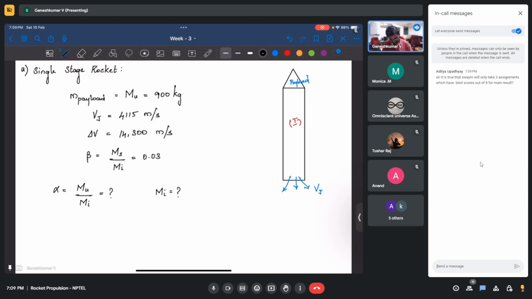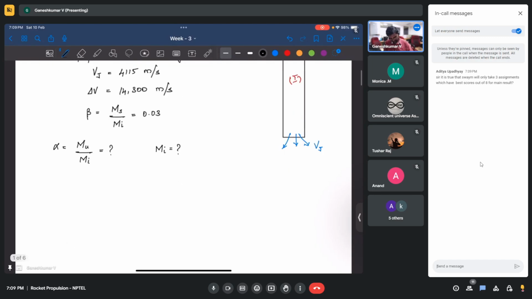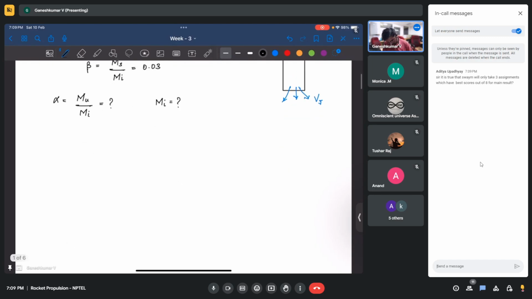Okay. Coming back to this question, how do we solve this? We are going to use the rocket equation. So what does it say? Delta V is equal to Vj times ln of Mi by Mf.